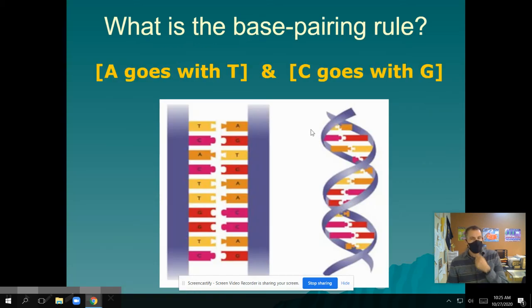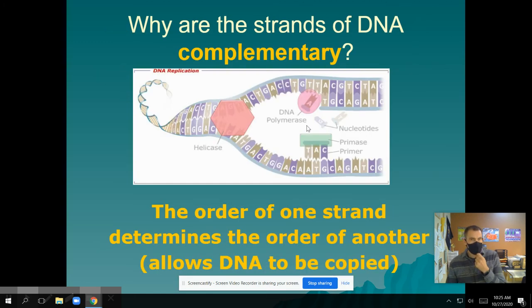Okay, so this is also called the base pairing rule. The A's and T's are always paired together. C's and G's are always paired together. Sometimes we call this complementary. If I said, yo, Jane, your outfit is dope today, that would be a compliment, right?